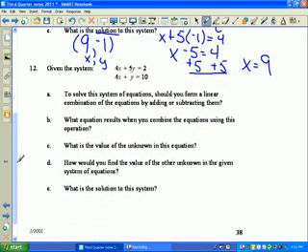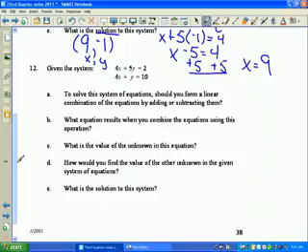So for number 12, the questions are basically the same. We're just going through that process of elimination step by step. It's just helping you guide your thinking. So for part A, it asks the same question: to solve the system of equations, should you form a linear combination of the equations by adding or subtracting them?